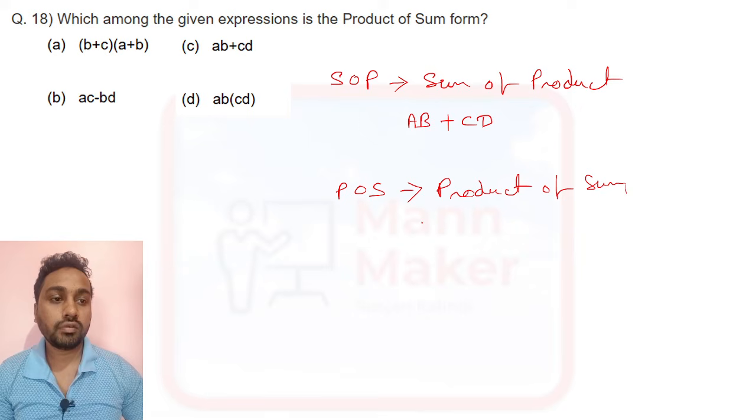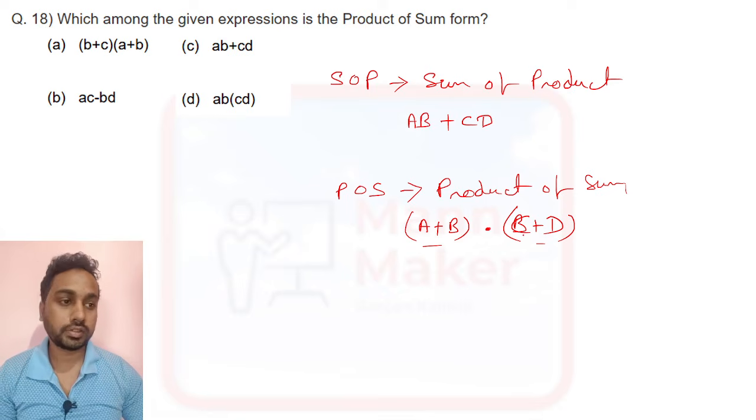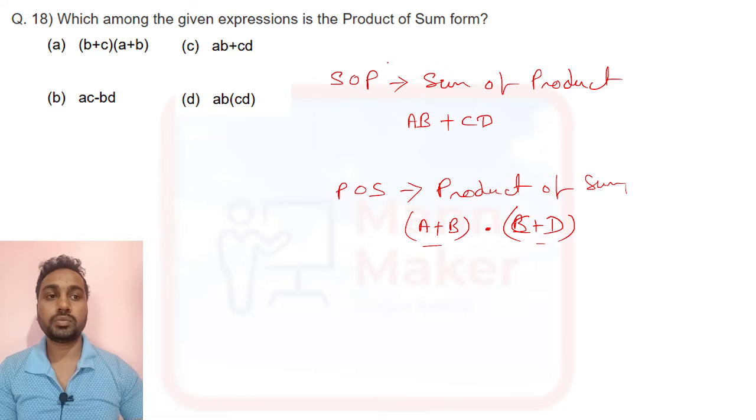Like that, if we have A plus B and C plus D, then there are two sums, and their product is the example of product of sum. So in the question they have asked for product of sum, that is POS.